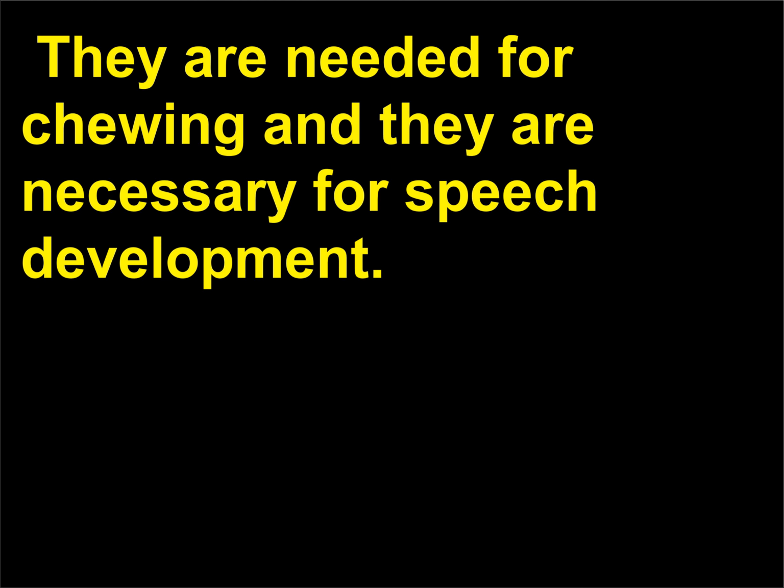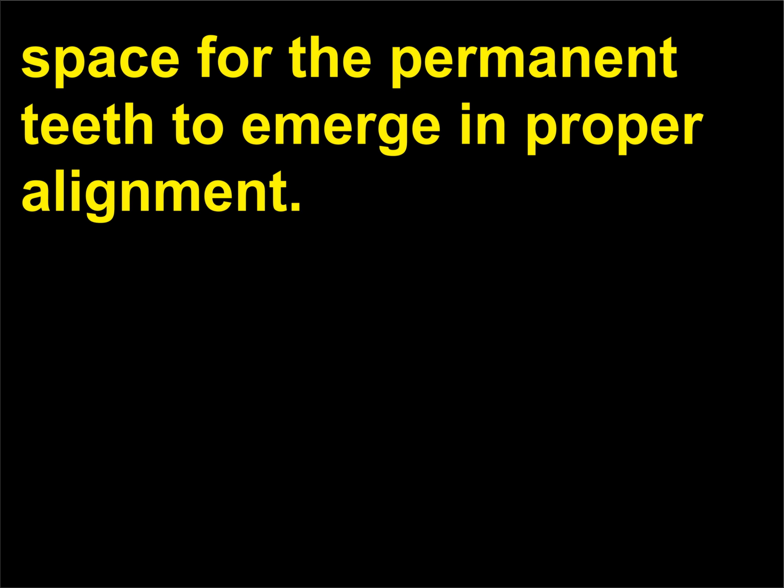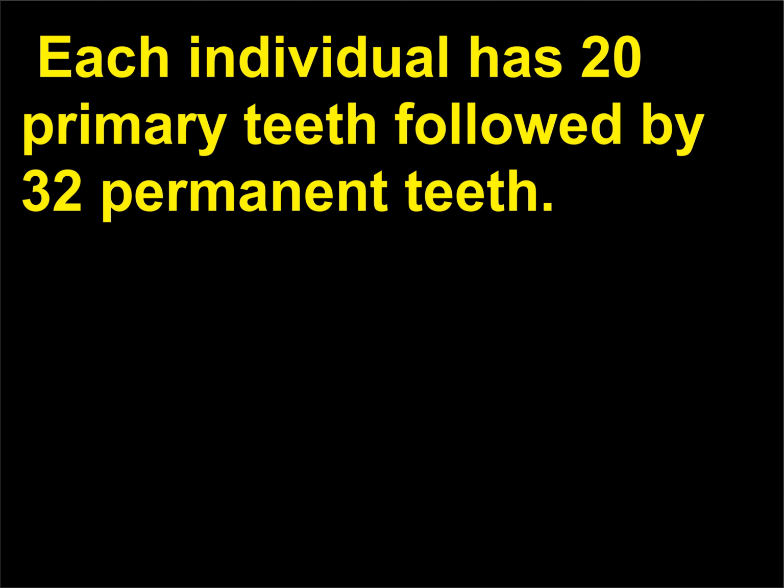They are needed for chewing and they are necessary for speech development. They also prepare the mouth for the permanent teeth by maintaining space for the permanent teeth to emerge in proper alignment. Each individual has 20 primary teeth followed by 32 permanent teeth.